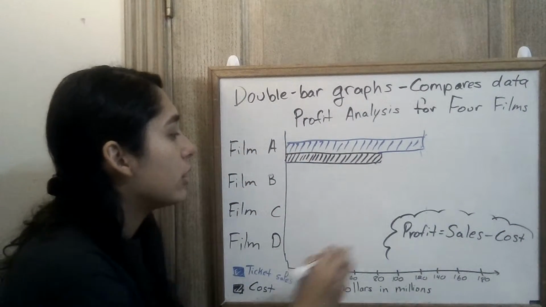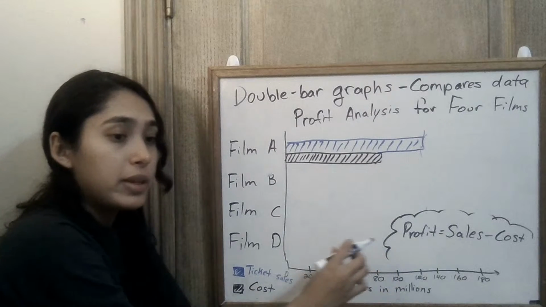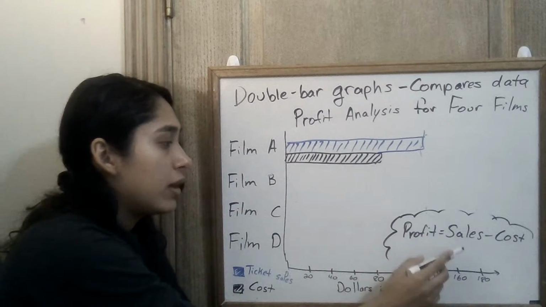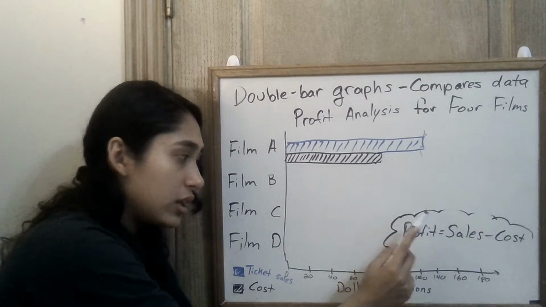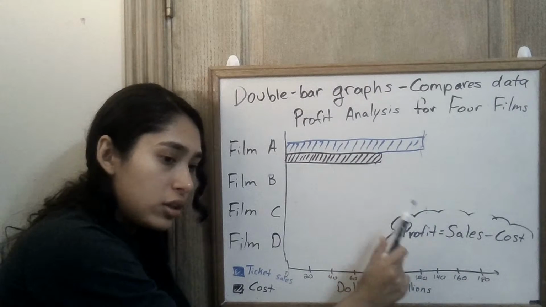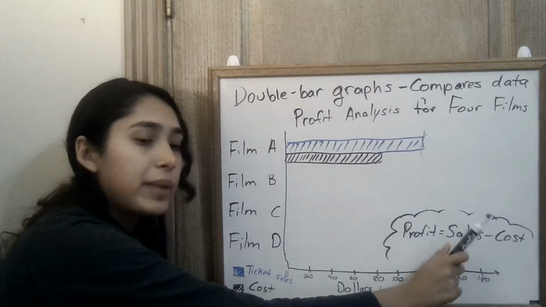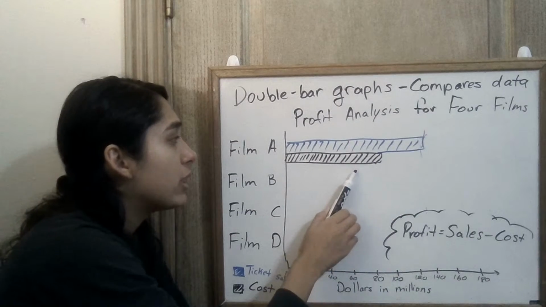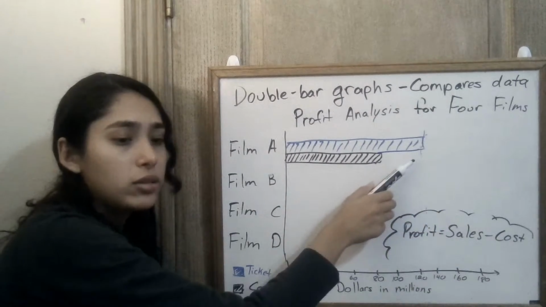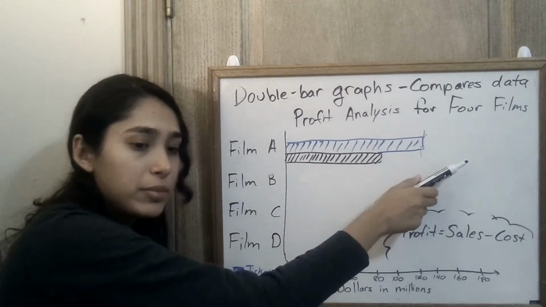So when you're making profit, it means you're making money. Sales wise, you're earning more money than what you're losing. So let's say my cost is really high. Let's say the movie costs more than the sales. That means I'm losing money.